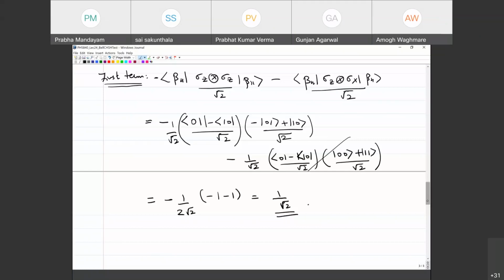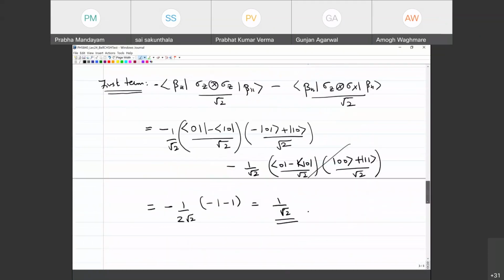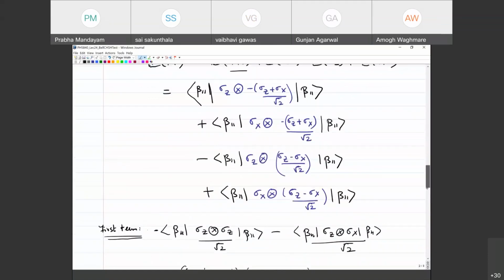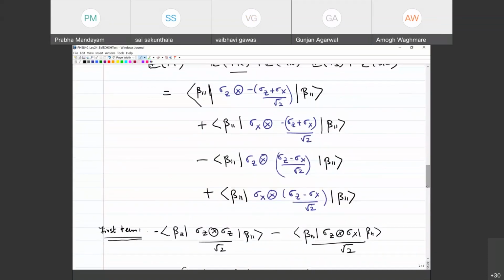Okay. I'll just give a few more minutes for people to work this out. So if you've done the first term, go ahead and do the second term. Second term becomes XZ minus XX. Once again, you should be able to argue that the XZ term is not going to contribute, because its action on one of the Bell states will turn you to one of the other Bell states.